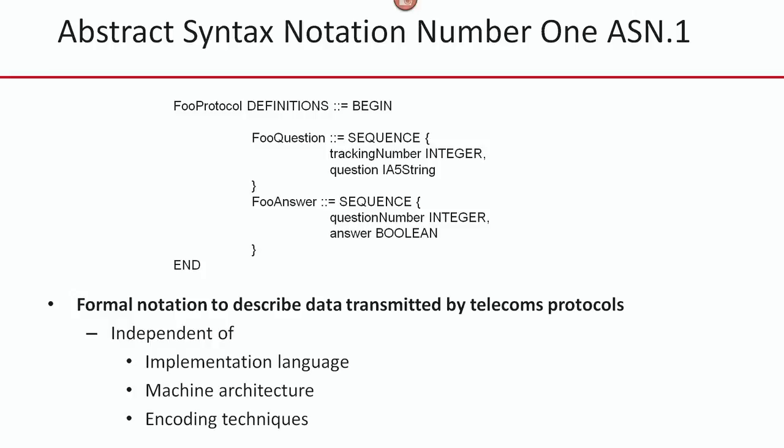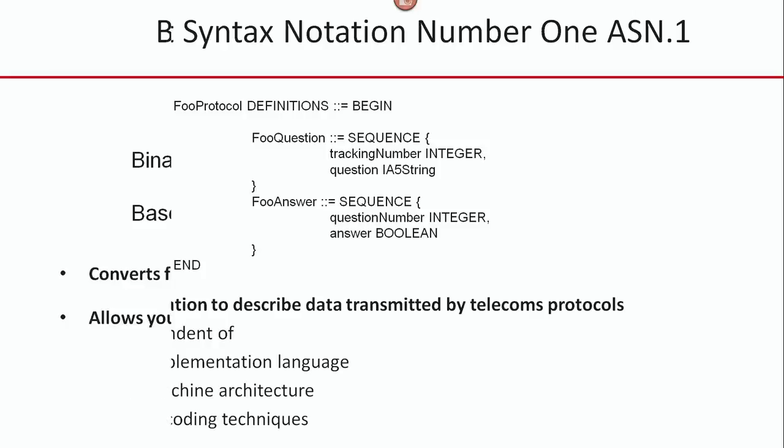And it's independent of the underlying implementation language, the machine architecture, and the encoding techniques used within the actual low-level protocol. So this is very good in a multi-vendor environment, or where we're transferring data between two different types of system. And again, as I say, it's an interesting thing to look at.